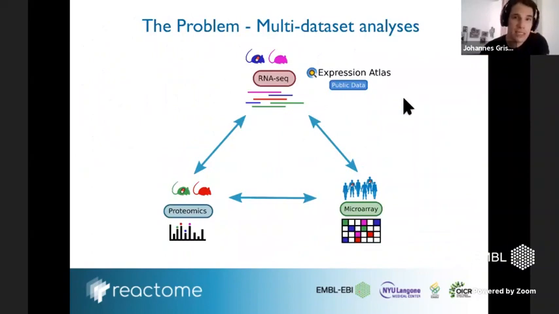Now, what's ReactomeGSA? ReactomeGSA was created because we felt that something was missing, right? And that's kind of this multi-dataset problem. When you today analyze data, let's say you do your study, right? You test some drug in a mouse experiment and you do proteomics. But that's not, of course, the end of your story. Now you want to compare your data with other published data.